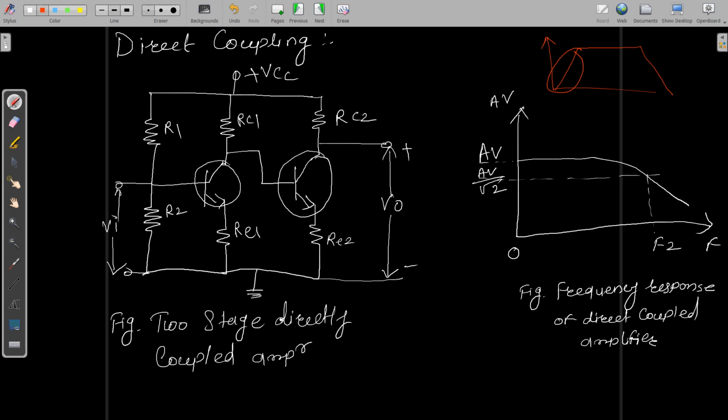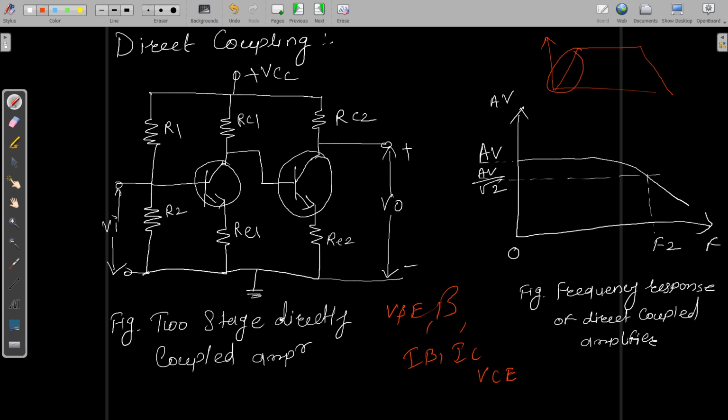Okay, and the transistor parameters such as your input voltage VBE and your beta will change with respect to temperature, right? Because of this your IB changes, your IC changes, your VCE also changes, and any change in these parameters will affect the next stage, because it is directly connected to this stage.